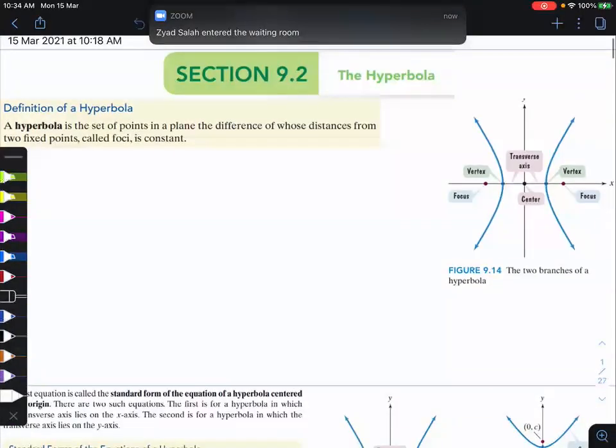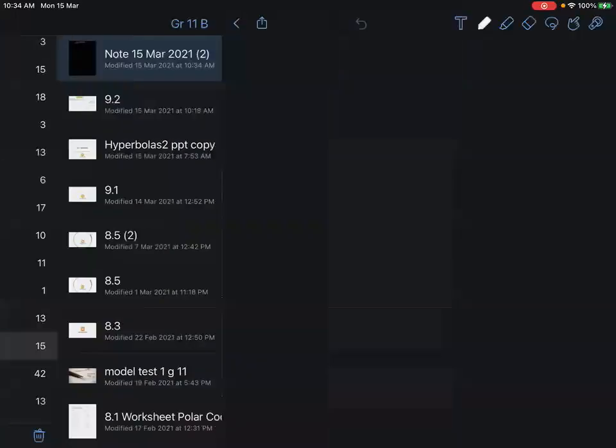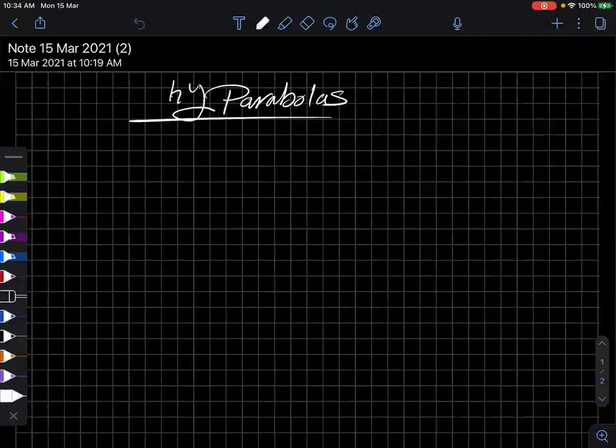The definition of a hyperbola is the set of points in a plane, the difference of whose distances from two fixed points called foci is constant. In this lesson, we will see today, inshallah, how to graph hyperbolas.